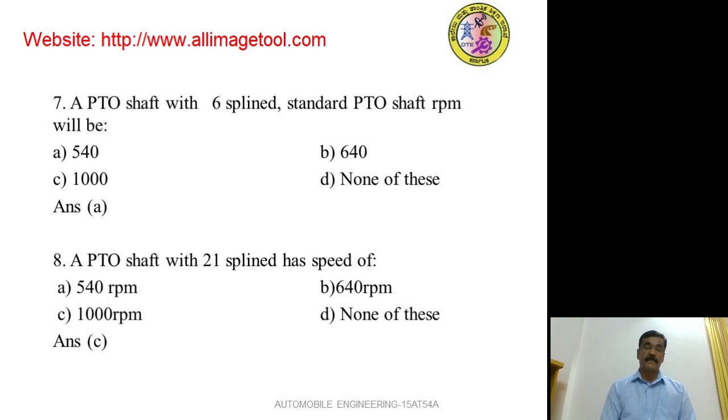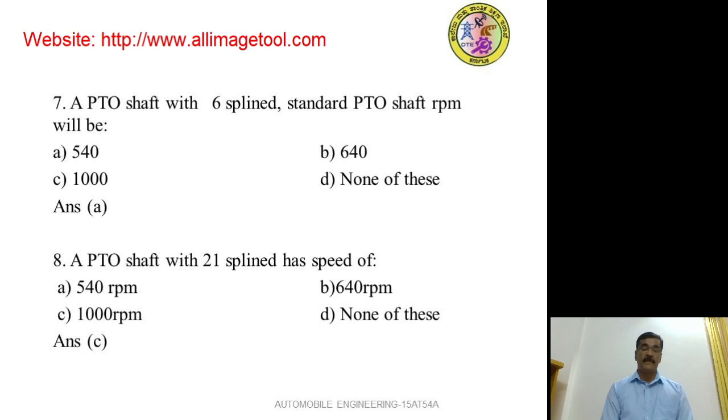Question number 7. A PTO shaft with 6 splines, standard PTO shaft RPM will be option A 540, option B 640, option C 1000, option D none of these.